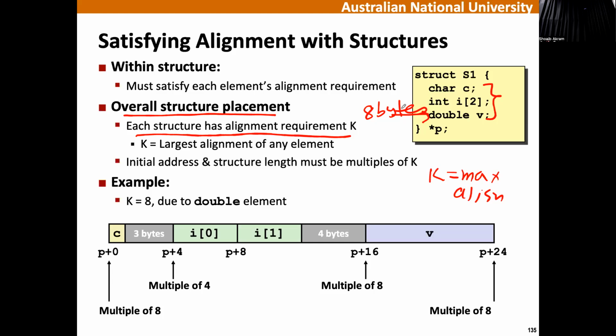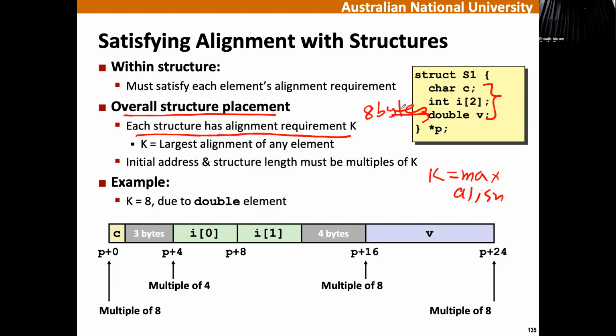So if I have another struct after this and another struct after this, if I have an array of structs, I still need to make sure that all the alignment requirements are met. And the only way to do that is to take the maximum alignment requirement across all members in the struct and make sure that the length of the structure is a multiple of that K max, and the starting address is a multiple of K max.